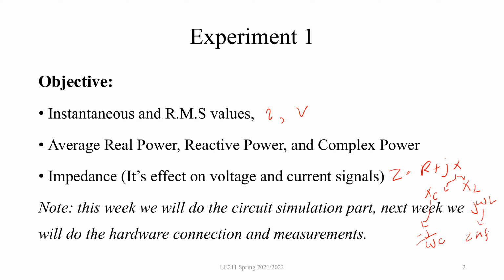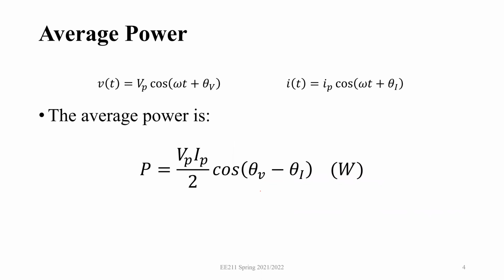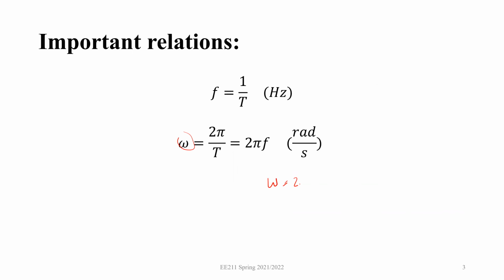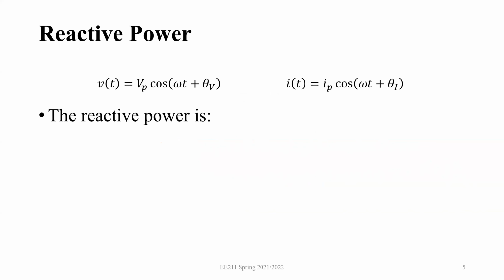Then average power, reactive power and complex power, we have the formulas. Average power is denoted by P, reactive power is denoted by Q, and complex power is denoted by S. I just explained to you that omega equals 2 pi F, and F equals 1 by T. Then this is the formula for the real power.